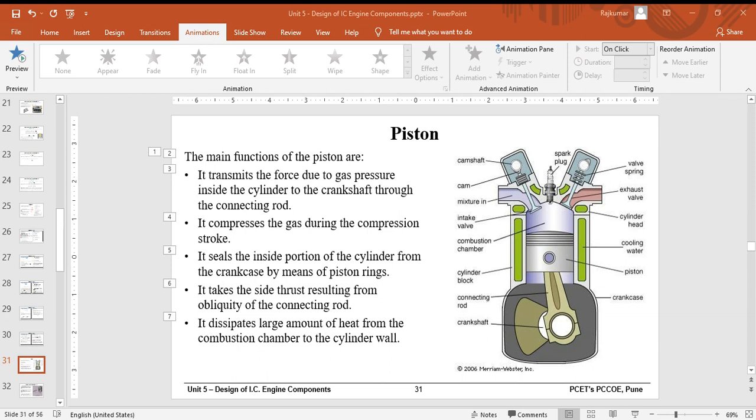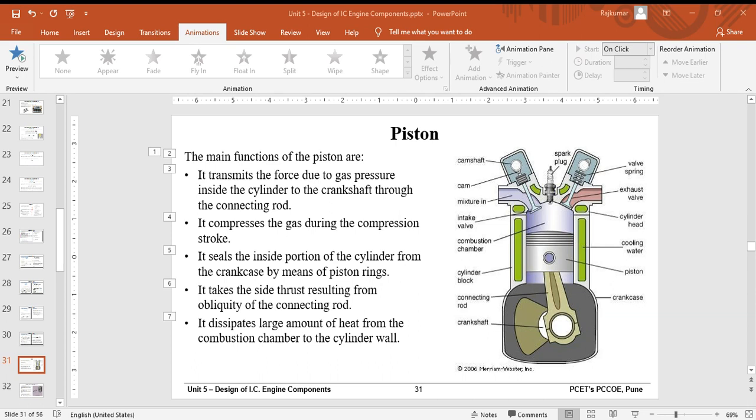So these two temperatures are very important. At the center the temperature is Tc, and at the edge the temperature is Te. With the help of this formula, we can calculate the thickness tH.